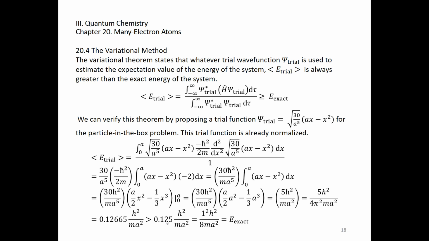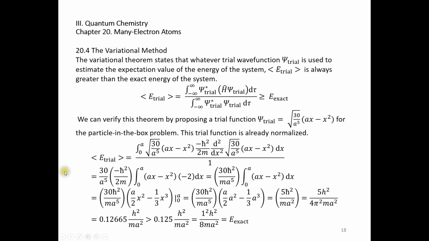That means if we have, for example, 3 parameters, Z1, Z2, and Z3, we just need to set the first derivative of the trial energy with respect to Z1 to 0, with respect to Z2 equals 0, with respect to Z3 equals 0. We solve all those equations to obtain the optimal values for those parameters.